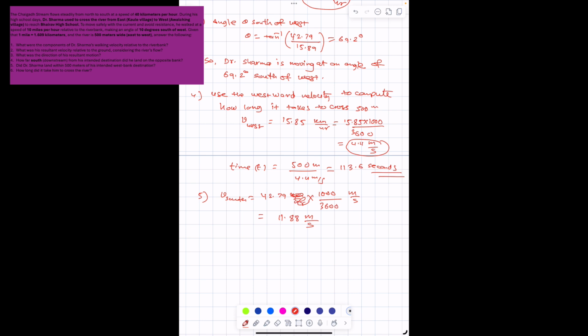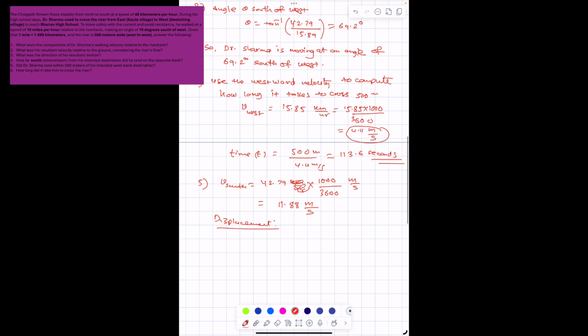Then the drift is the displacement you wanted to find, which is equal to speed times how many seconds it takes. 113.6 second it takes, times meter per second, so you will get 1349 meters.